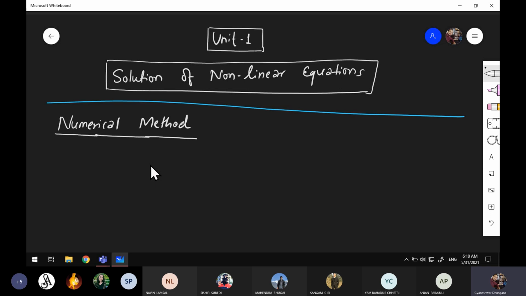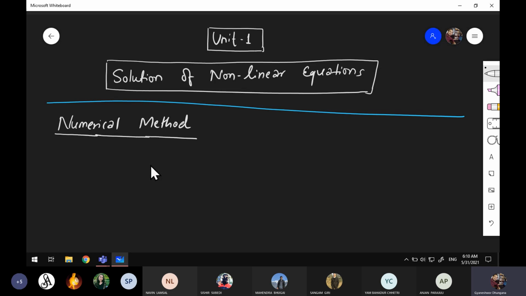We develop some mathematical formulae that will hold true on that problem domain, and then we will solve the problem by using that mathematical model. Okay, so numerical method is also the technique of solving such mathematical models.